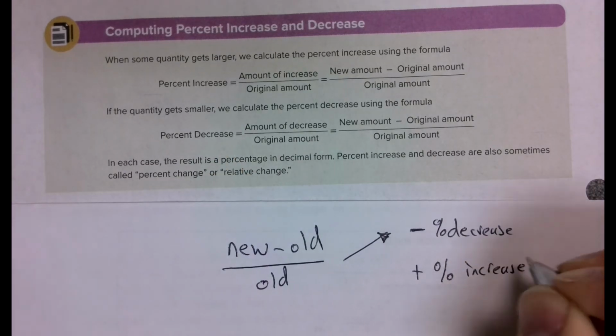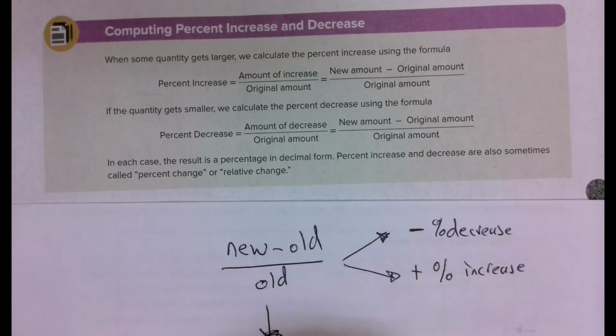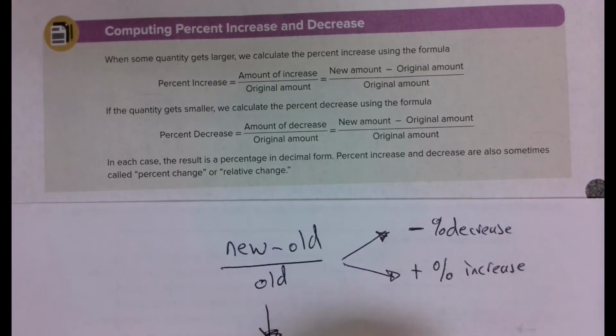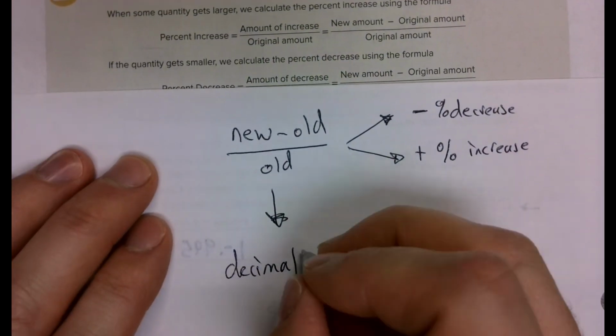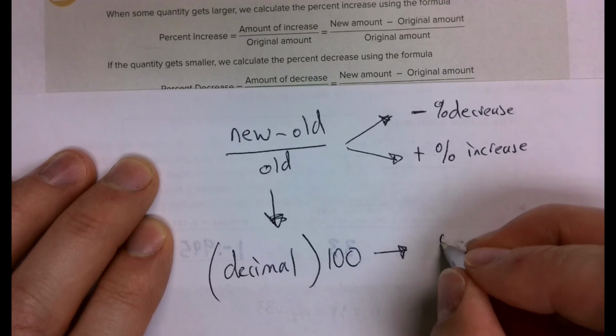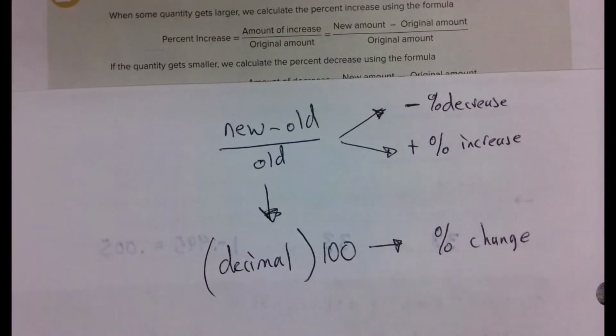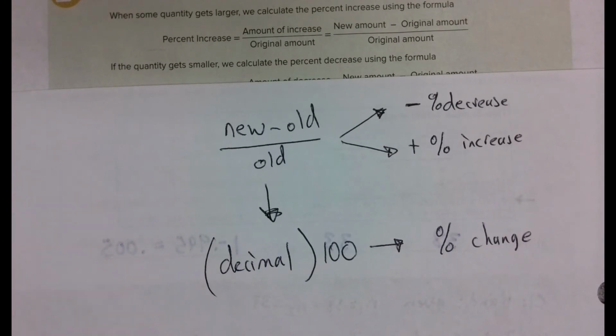One other note here is that when we do this division, we're going to get a decimal. If we multiply that decimal by 100, then we will get the percent change. Only after we multiply by 100 can we slap a percent sign on there. So be mindful of that.